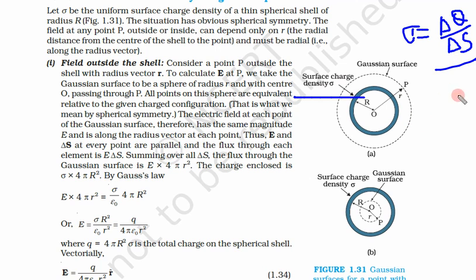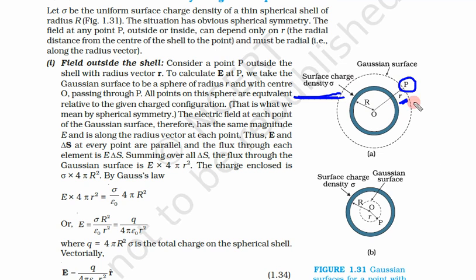Now let us understand this problem. What is the problem? The surface charge density of this spherical shell is sigma. In the first case, point P is outside, at distance small r. In the second case, point P is inside and again the distance is small r.